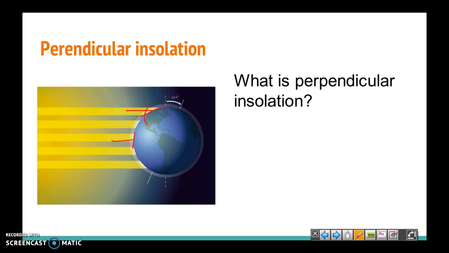So where do you think a shadow would be the shortest? Would a shadow be shorter at A, or would a shadow be shorter up here at B? Well, if you picked A, you are correct, because the sun's rays would be directly overhead.